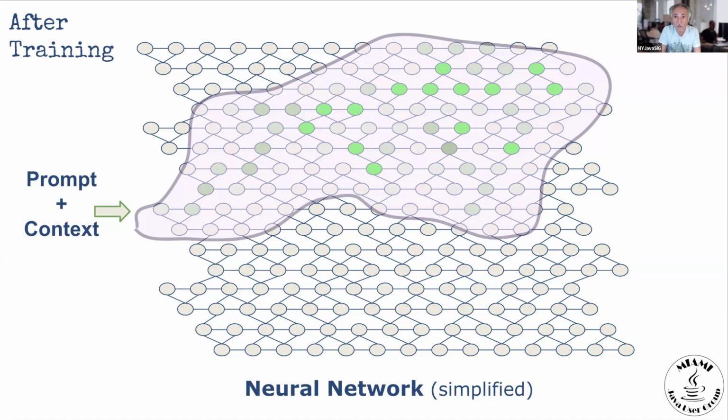So the better your context in your prompt, this is really important. The better your context along with your prompt, the better your results. And that could be quite large, right? You might think, well, I'm just going to put a paragraph or two. But when I was at Google, we actually put whole books, entire books, in as part of the context.